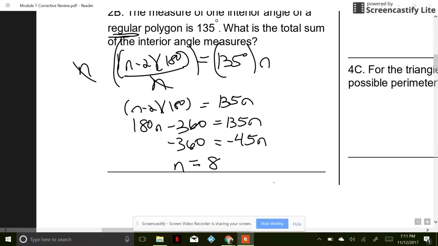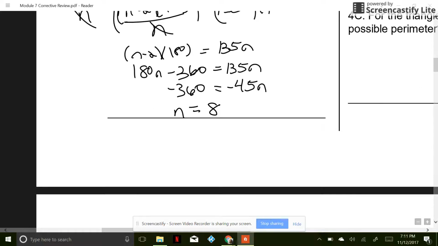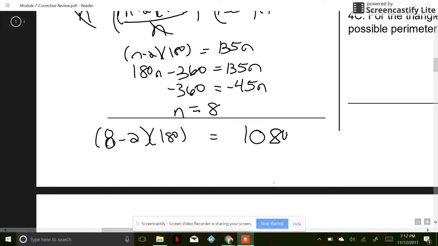Now, the problem asked what is the total sum of the interior angle measures. So now we'll have to plug that back into (n minus 2) times 180. Sorry, we'll make that 8 minus 2 times 180, since that's what our n is, for an angle sum of 1080 degrees.